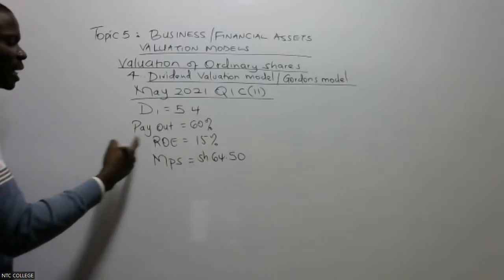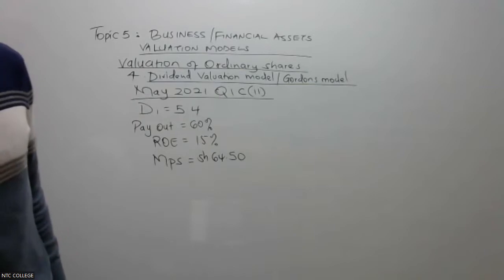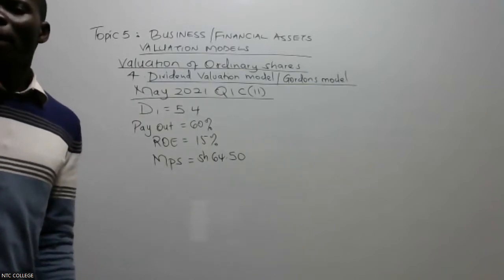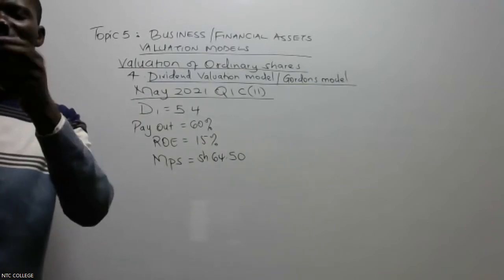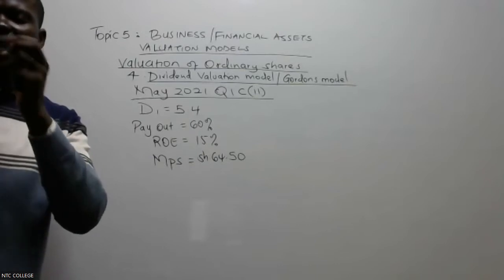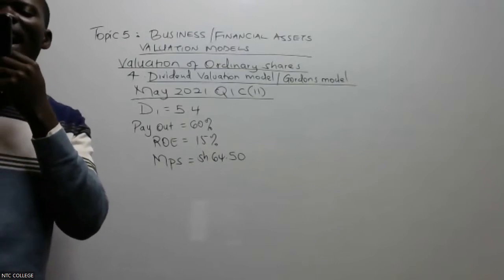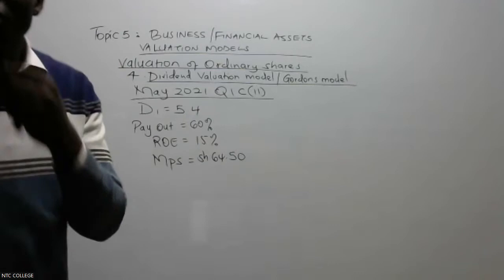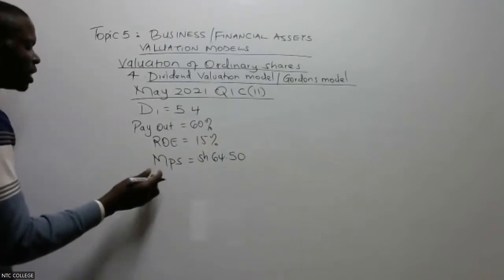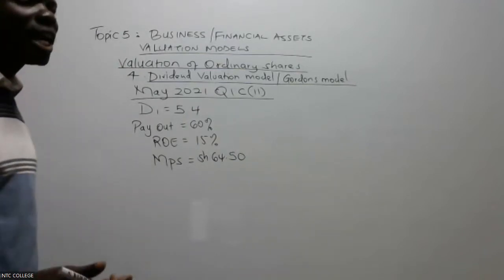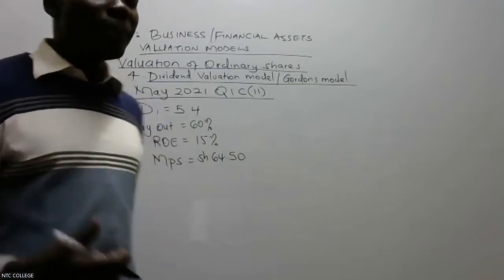We want to determine the value of the ordinary share based on this information. Point number 3 says dividends have been growing at a constant rate in perpetuity.